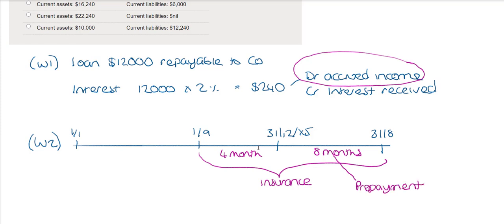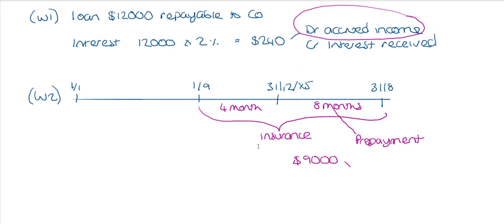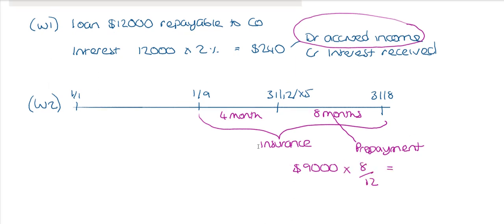We are told that the insurance premium was $9,000, and so we need to take 8 months, so multiplied by 8 over 12, to work out our prepayment. This comes to $6,000, and the double entry for that would have then been to debit our prepayment and credit our insurance expense account. Our debit to prepayment is recognised as a current asset, and so therefore this $6,000 needs to be included in my current asset balance.